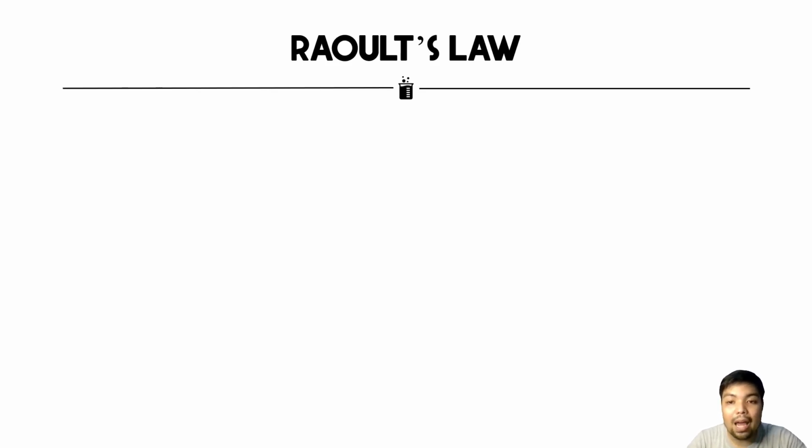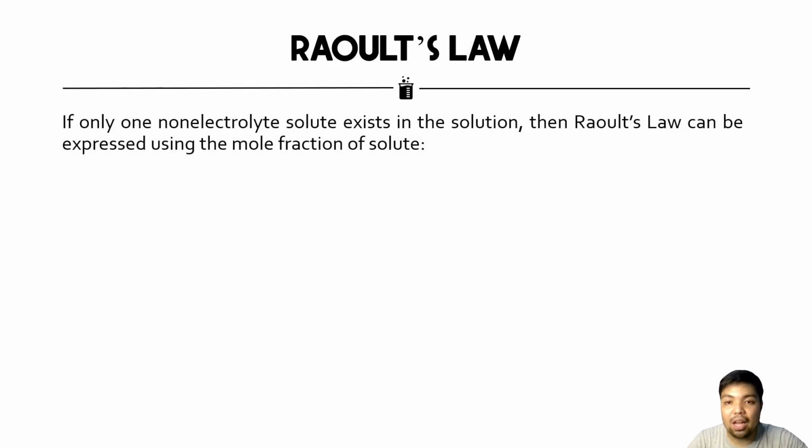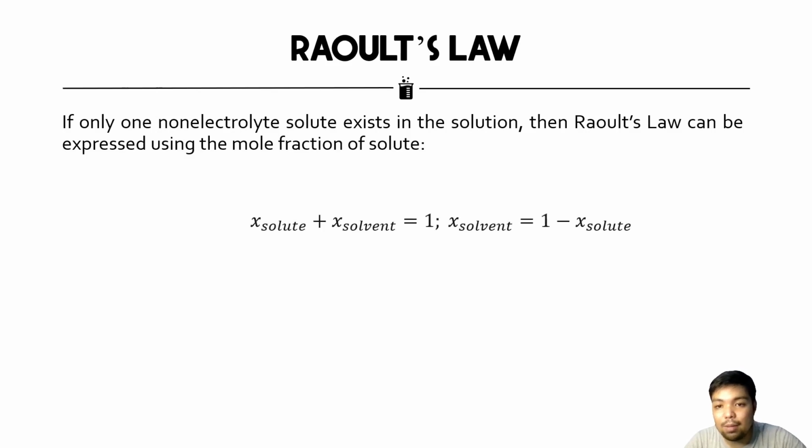Now, if we only have one non-electrolyte solute in the solution, the Raoult's law can be expressed using the mole fraction of the solute. So we know that since we only have two components, the mole fraction of the solute plus the mole fraction of the solvent is equal to 1. Remember that the sum of the mole fraction of all of the components in the solution will always be equal to 1. Kung hindi siya equal to 1, that means may sala sa calculation niyo sa mole fraction.